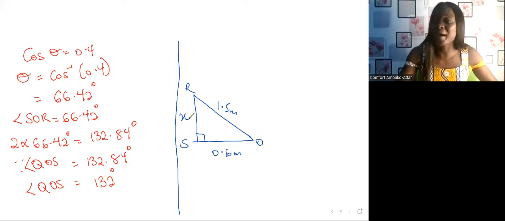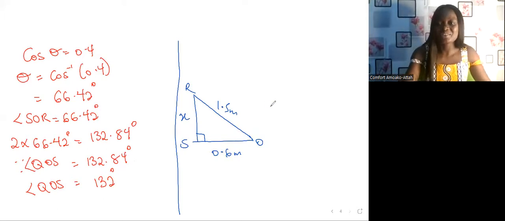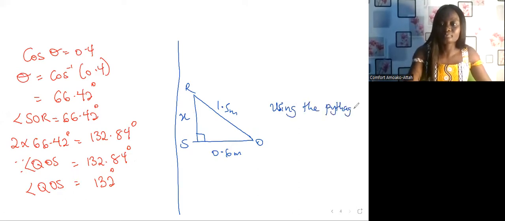Good, the Pythagoras theorem. So using the Pythagoras theorem, we are going to have line RO squared is equal to line RS squared plus line SO squared.